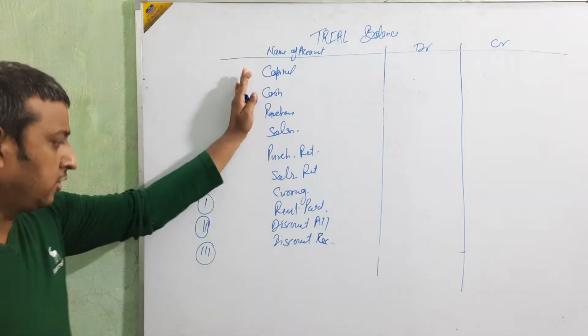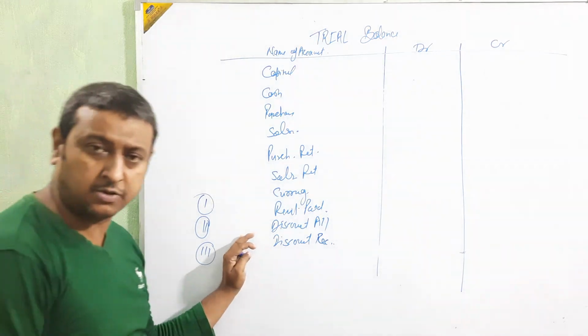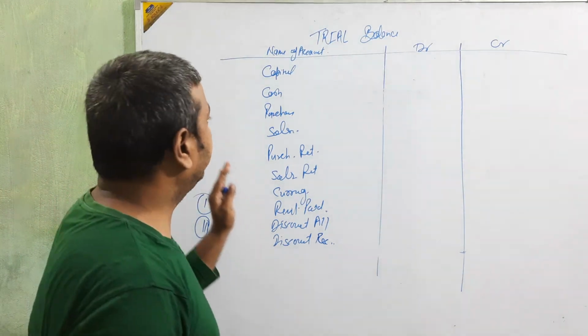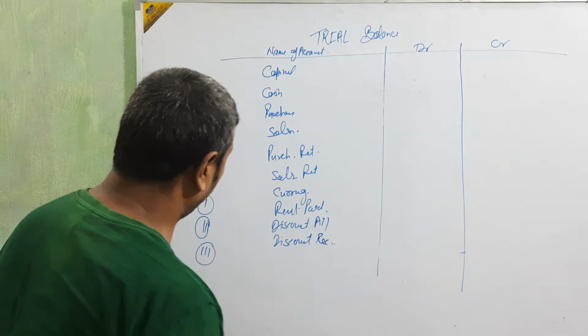Like that, we present all the account names, beta. Then we follow one rule.